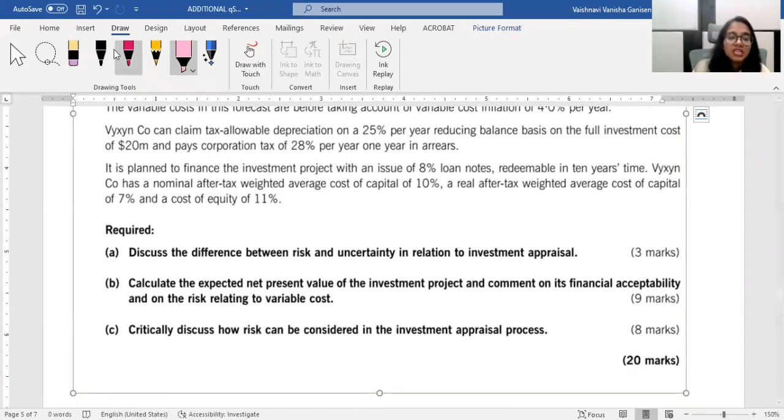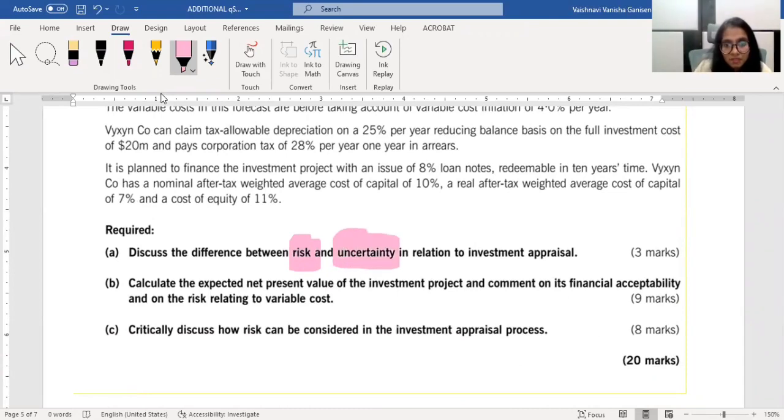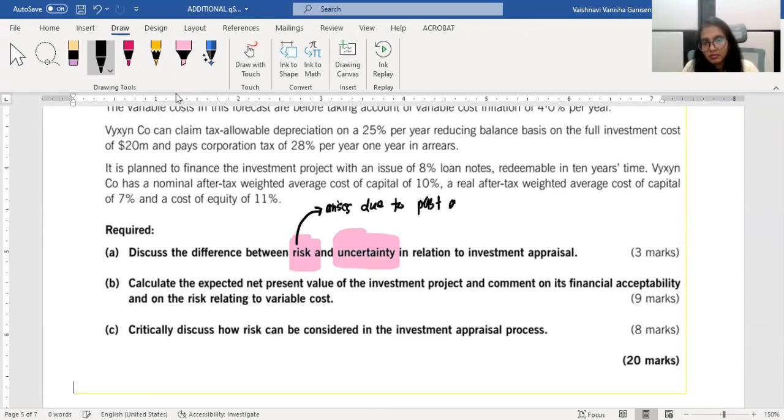So, number one, he asks you to discuss the difference between risk and uncertainty. Okay, guys, this is rather simple and straightforward because all you need to do is tell him risk arises due to past events.